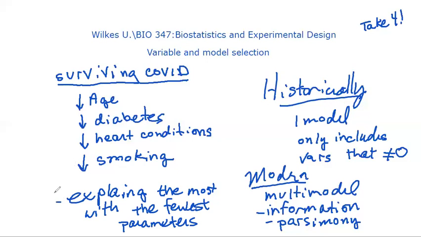Your model should be simple, but not any simpler. Okay, we don't want to make them too simple where they miss salient features that would increase our power to explain. So that's our task, is how do we assess different models of surviving COVID? Because maybe just one or a combination of 2, or maybe some of these things interact as well. We need to include the interaction.